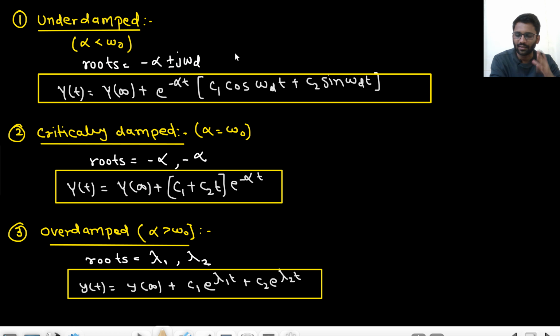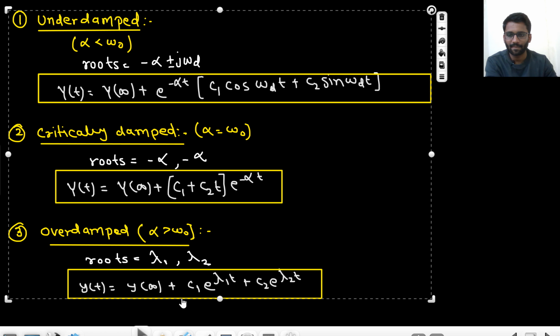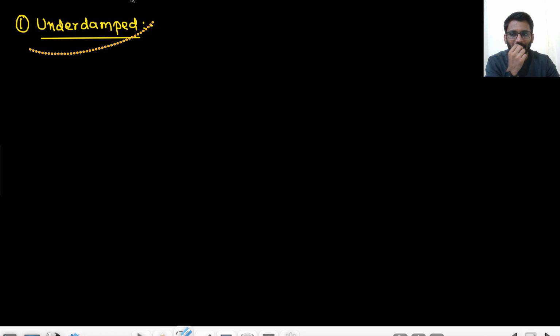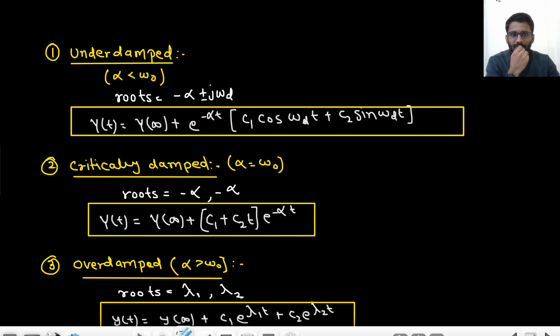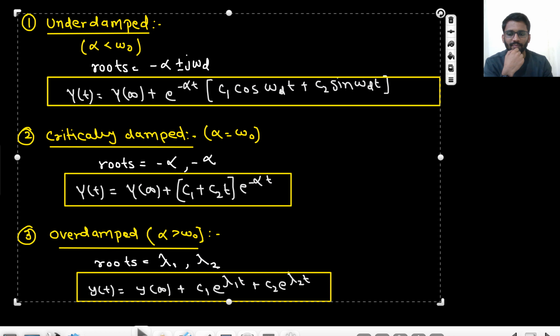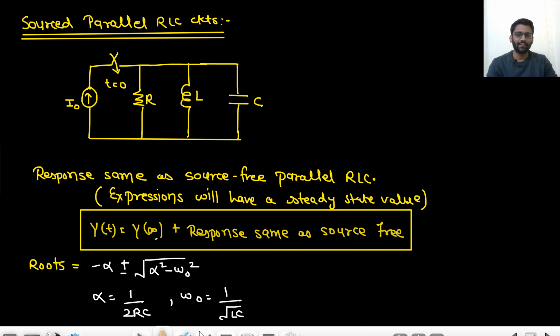You can just copy this page, because everything will be the same. For underdamped response, alpha is less than omega naught. These are the roots, but just the alpha value is changed. Alpha is 1 by 2RC, and omega naught is 1 by root LC.